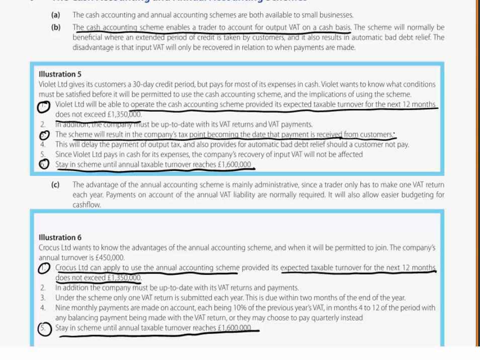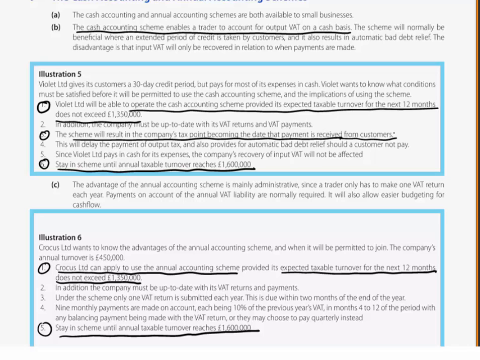So that means, therefore, we're not going to be out of pocket in the intervening time period. It also means something else that will be of advantage to us, and that is that effectively we'll get automatic bad debt relief in relation to VAT.